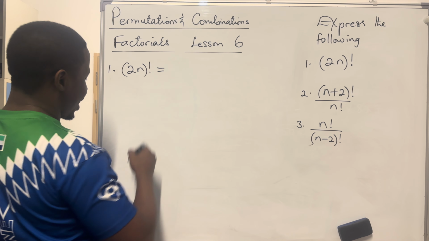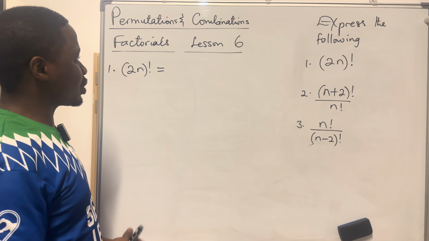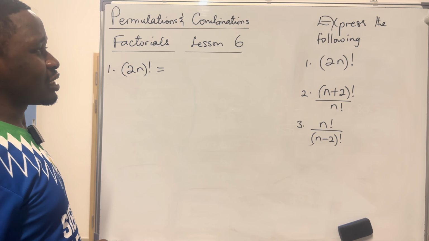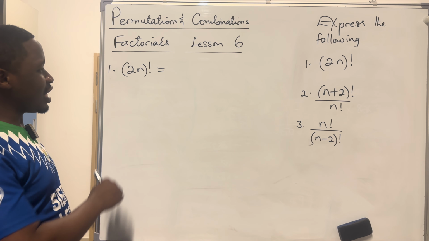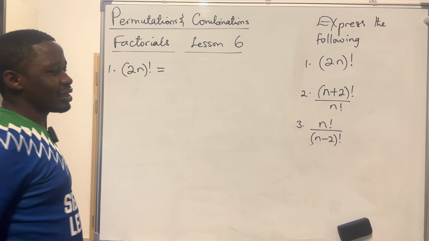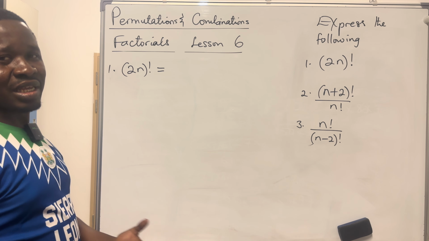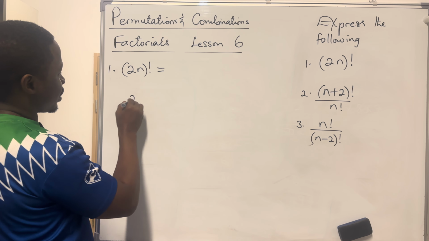Whenever you want to expand an expression in factorial, the first thing you do is to recognize two conditions. One, what you have immediately before the factorial, and two, what is affected directly by the factorial. 2n factorial like this is different from this one.